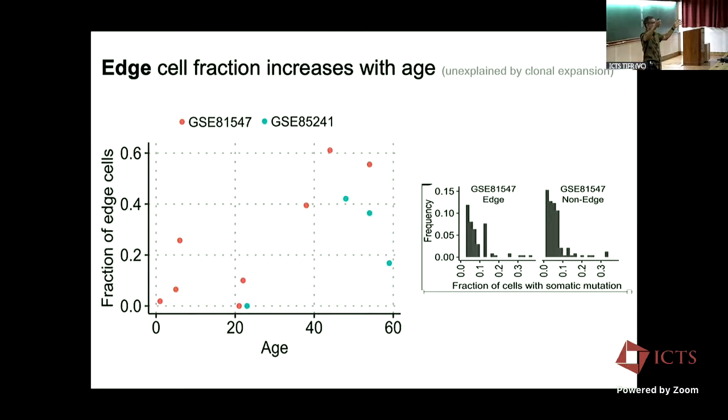SmartSeq covers the whole gene, so it can be used to call mutations to some extent. Not perfect, but something at the single cell level. The other good thing about this data set was there are multiple donors and their ages were known. So we simply asked, does the fraction of edge cells have anything to do with the age of the donor? In these two different data sets, we see some correlation between age and the fraction of edge cells.